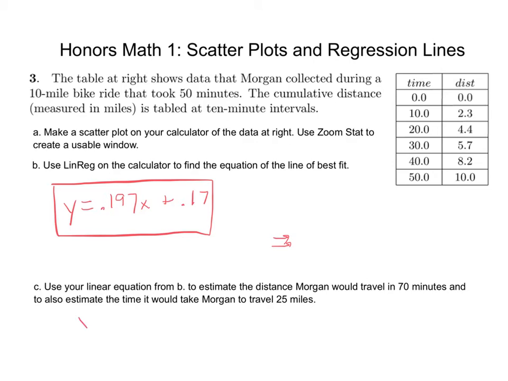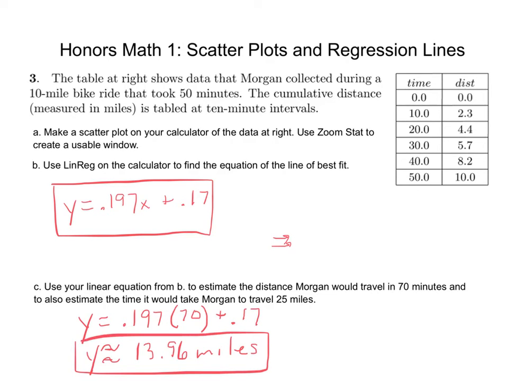So we would substitute in 70 minutes for x to get the distance she would travel. And that would give you about 13.96 miles. And I say about because we definitely rounded these two off right here when we put them in our equation. So I'm going to put an approximation symbol here. That should make sense. And if you look at our graph, it makes sense that after 70, it'd be about 13.96.